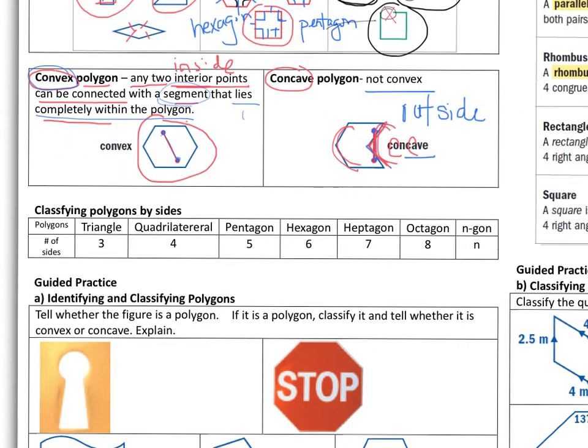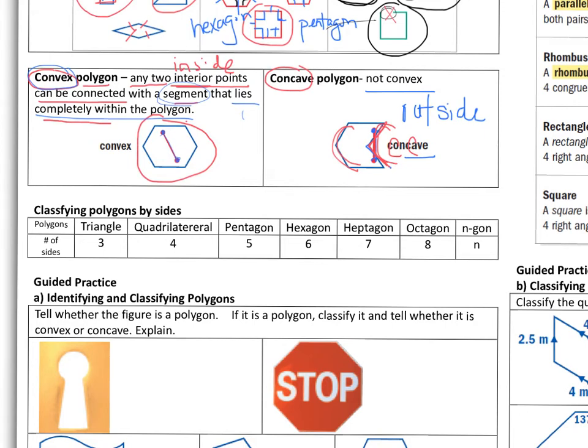Okay. Now, classifying polygons by sides. If you have a polygon with 3 sides, we call it a triangle. And if you have a polygon with 4 sides, we call it a quadrilateral. Remember, quad means 4.